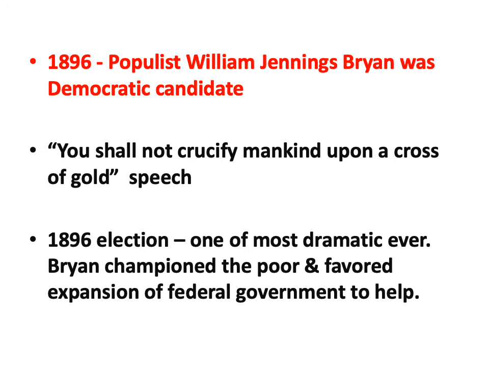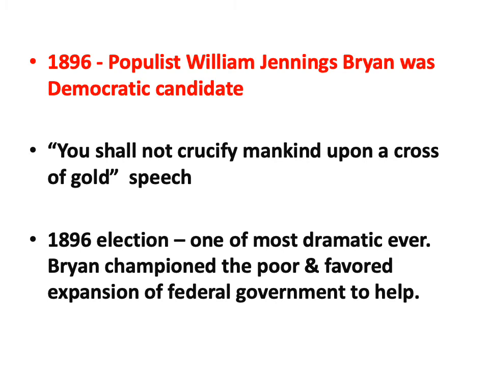Now, 1896 was the most important election during this period. The Democratic candidate, also backed by the Populist Party, was William Jennings Bryan, and he gave a famous speech in which he said that it was absolutely vital to switch from a gold standard to silver, and he stood up and put his arms out as if he were Jesus Christ on the cross and said, "You shall not crucify mankind upon a cross of gold."